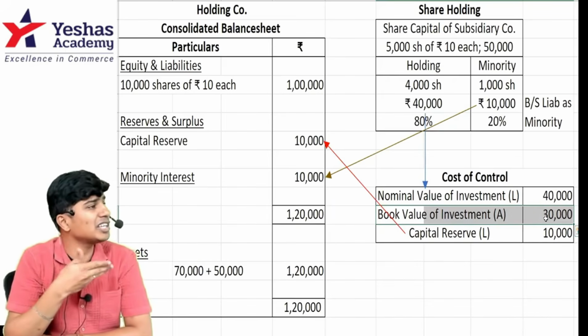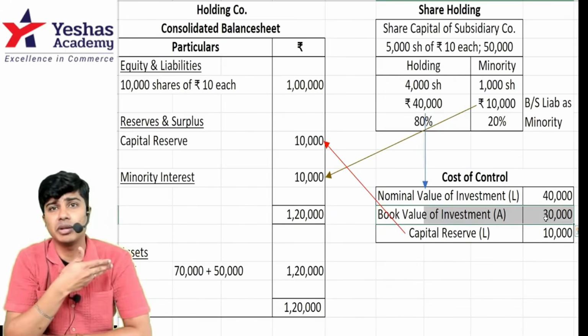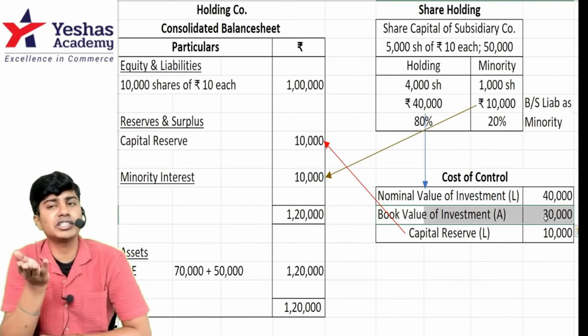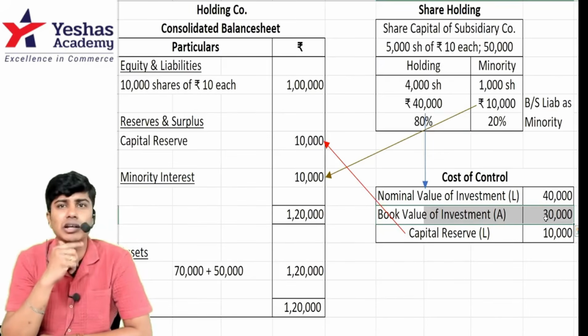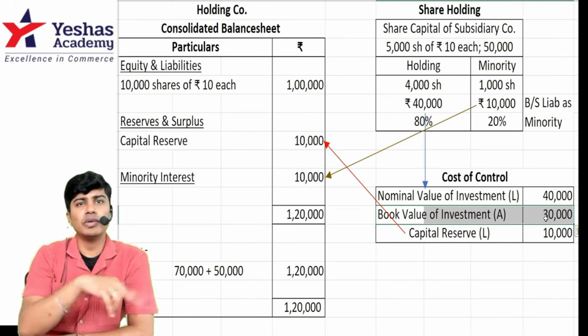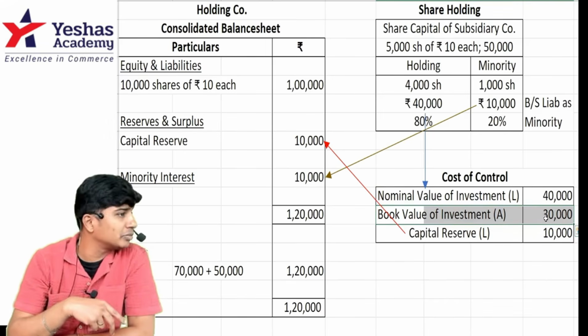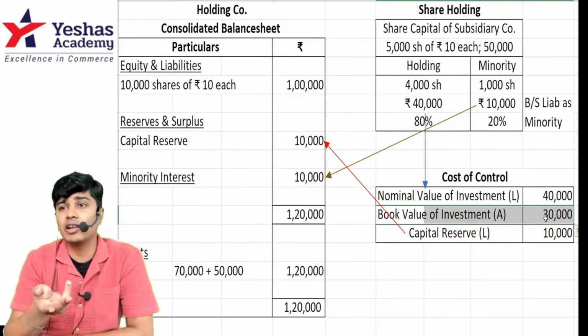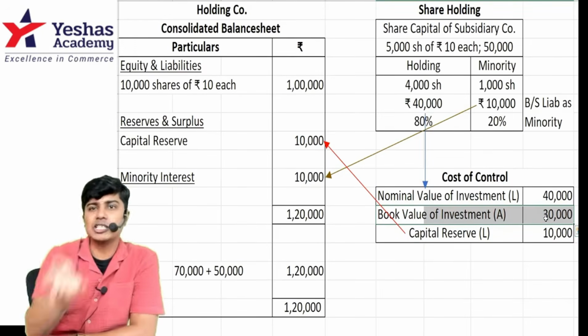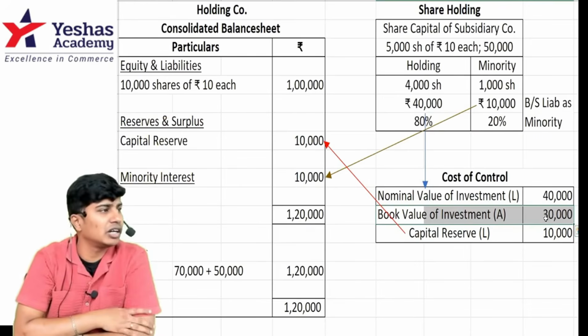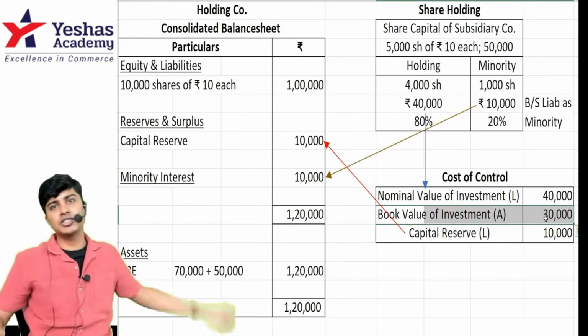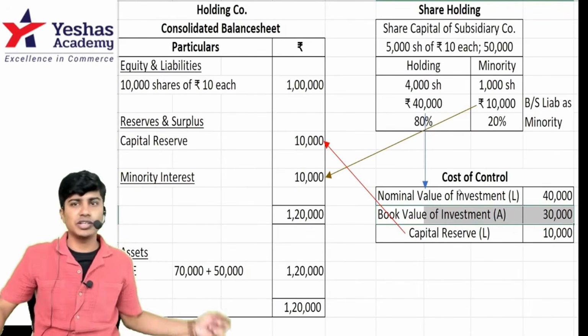Book value of investment is the balance sheet asset value of the holding company. Nominal value of investment is taken from the liability side. Compare asset and liability. If asset is more, goodwill. If liability is more, capital reserve. Asset meaning book value of investment, liability meaning nominal value of investment. Post it to the respective asset or liability side in the consolidated balance sheet, and your consolidated balance sheet will be ready to serve.